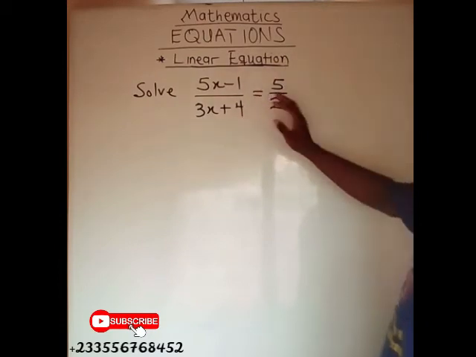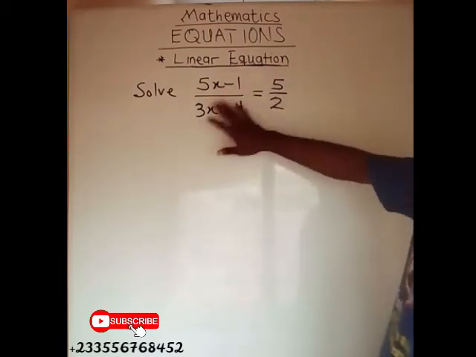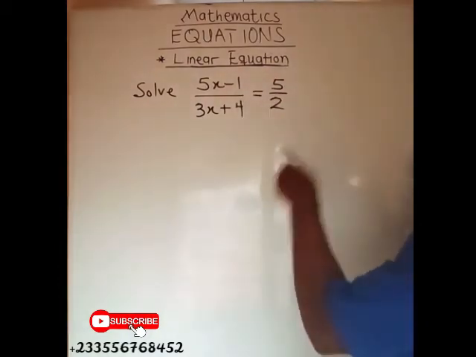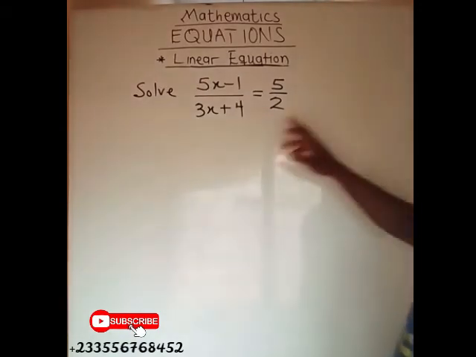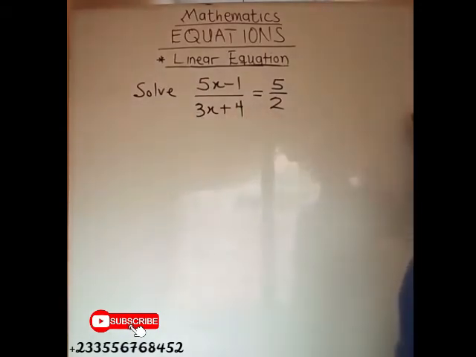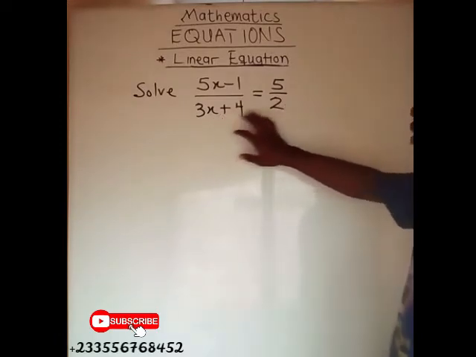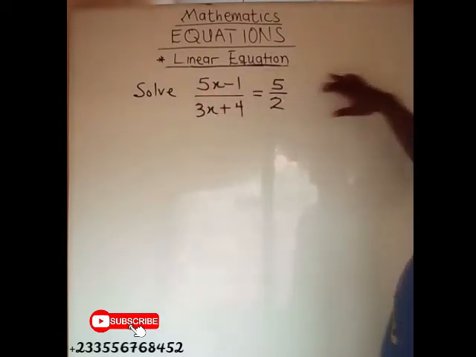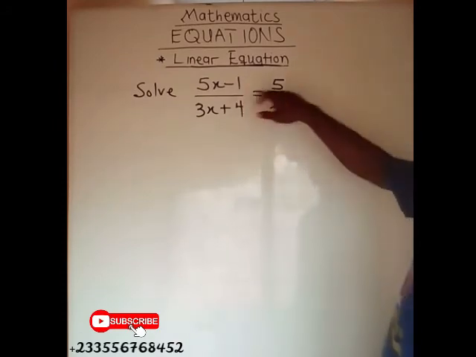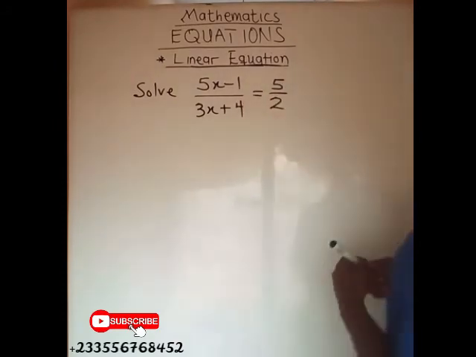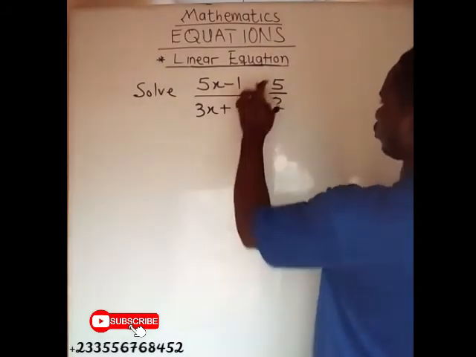When the terms are more than 2, you cannot use the cross multiplication method unless you go by the least common multiple, the LCM method. But with cross multiplication, it's simpler and saves you time.